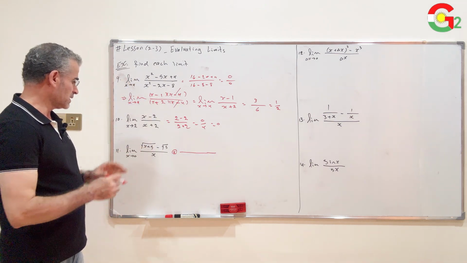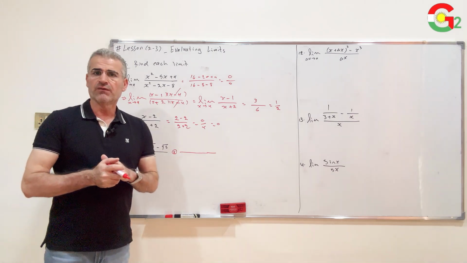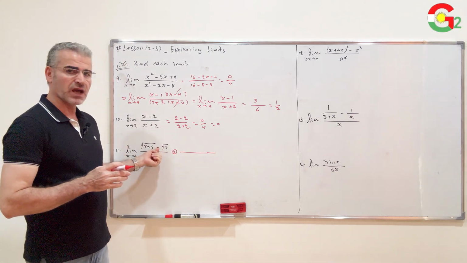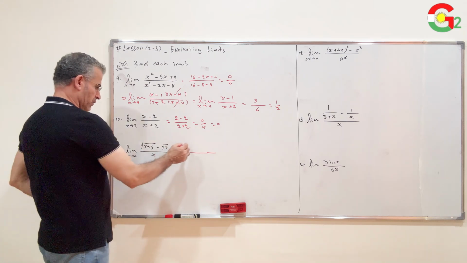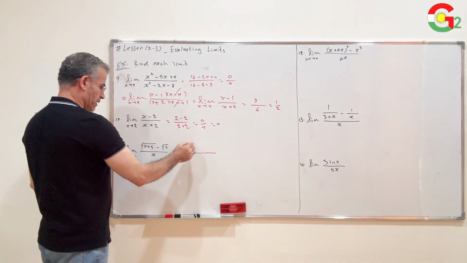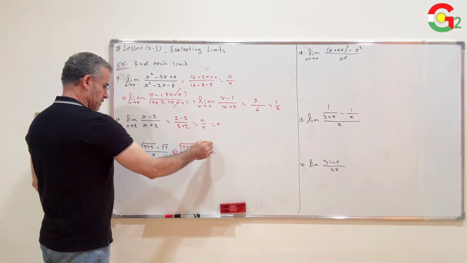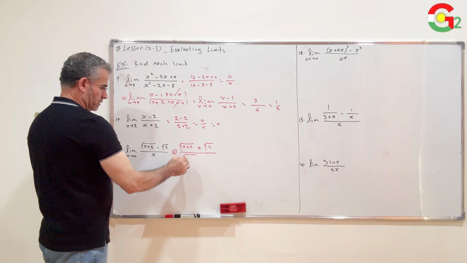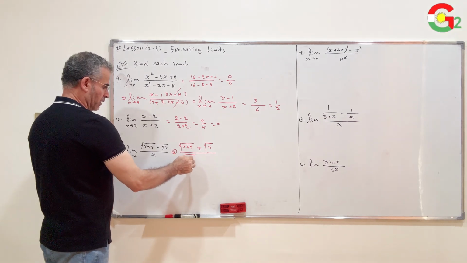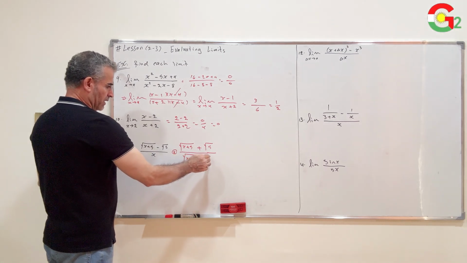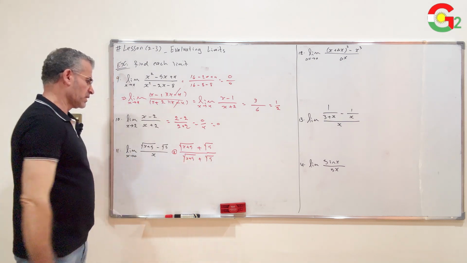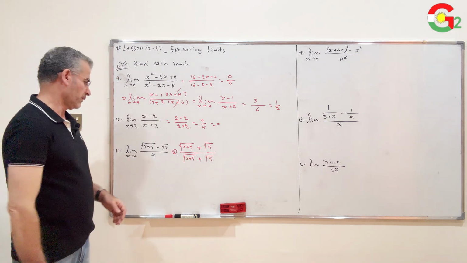The conjugate is the same value of the numbers but with the reverse sign between them. The conjugate of the numerator will be square root of x plus 5 plus square root of 5. Then multiply also the denominator by the same value, x times square root of x plus 5 plus square root of 5.